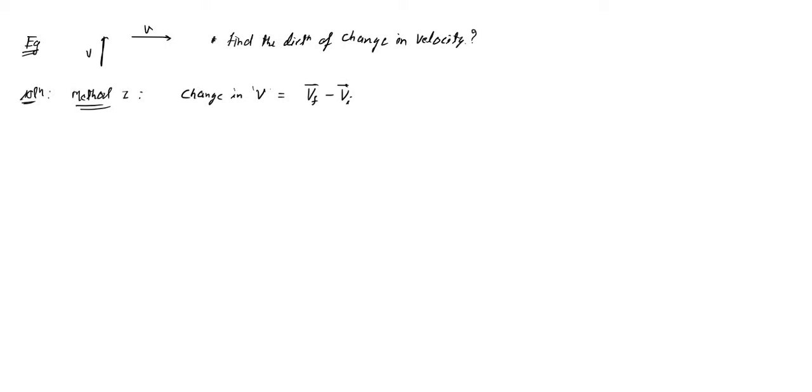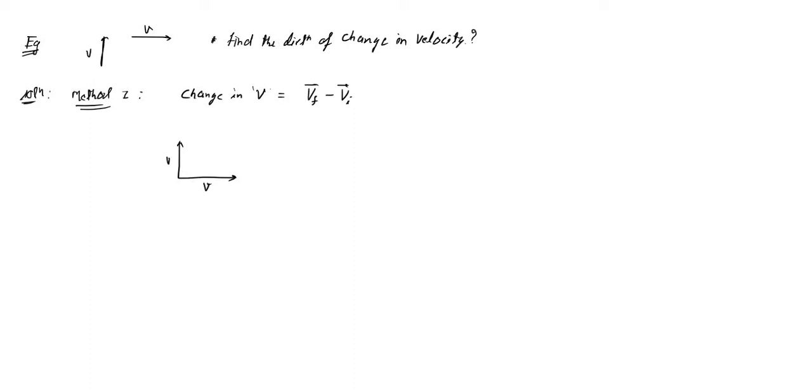Now we can represent final velocity and initial velocity by two vectors, and we need to determine the subtraction of these two vectors. So here, this is the final velocity, which has the same magnitude, equal to v, and this was the initial velocity. We need to join these two vectors from tail to tail.